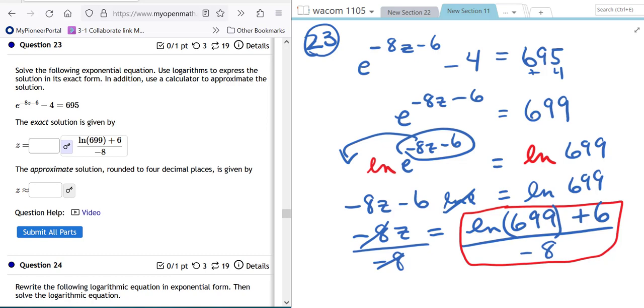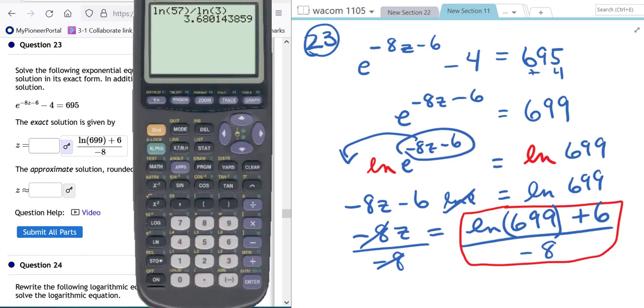Right, and then I want to put it in my calculator. All right, and you're going to do math on your numerator. So your choice is to use a big parentheses at the beginning and do all your numerator in it and then divide, because you only have one number here.